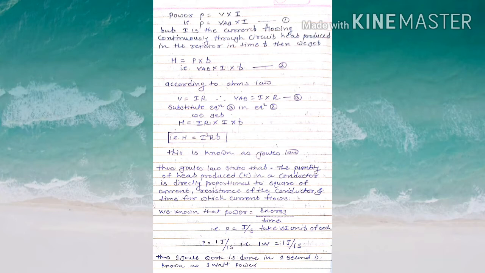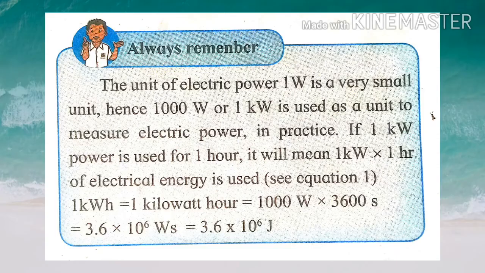Thus we define 1 watt power: 1 joule of work done in 1 second is known as 1 watt power. The unit of electric power, watt, is a very small unit, hence 1000 watt or 1 kilowatt is used as the unit to measure electric power.